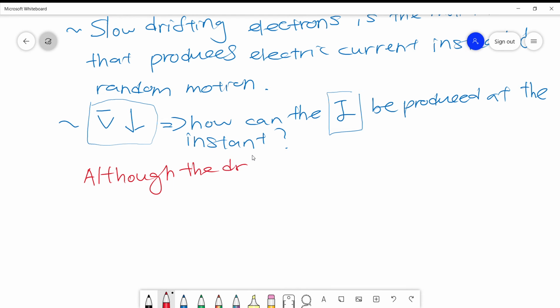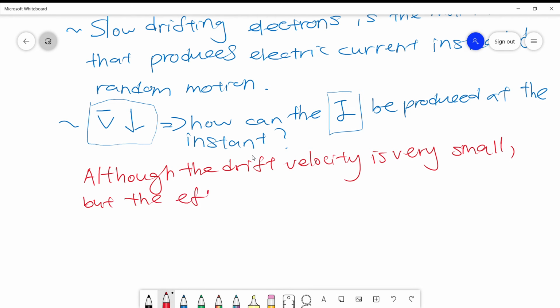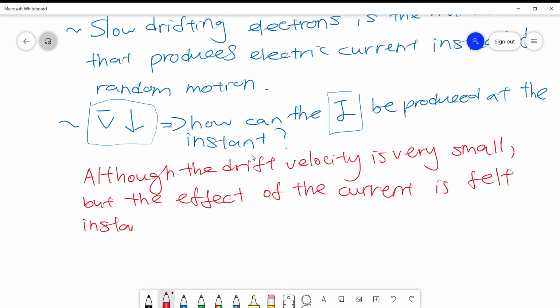Although the drift velocity is very small, the effect of the current is felt instantly. Such as if we open the switch, the light will directly turn on.